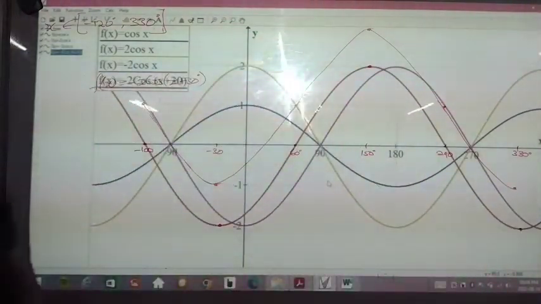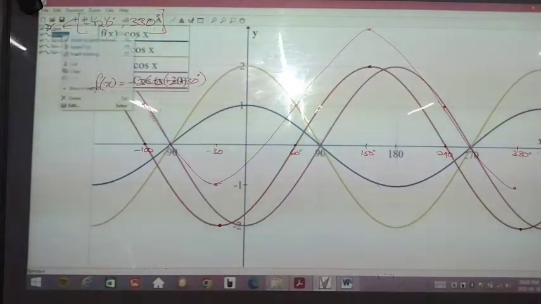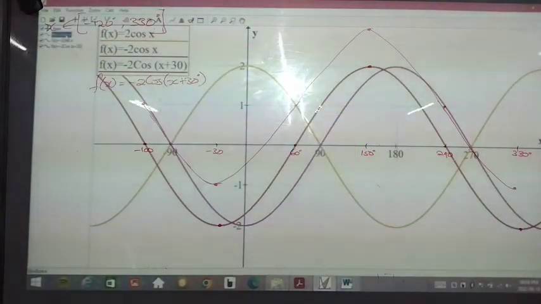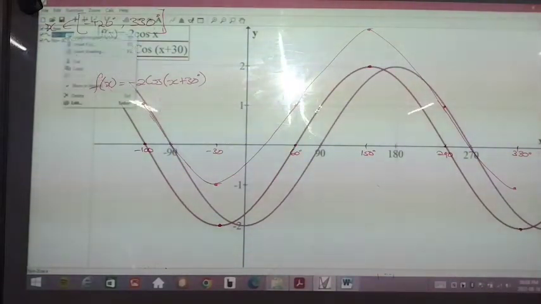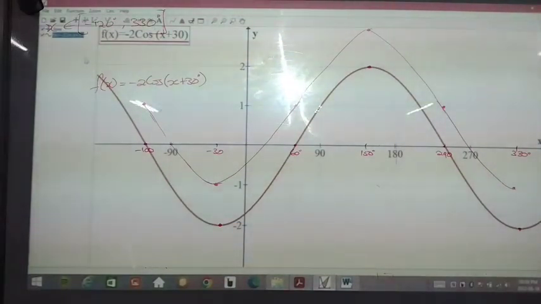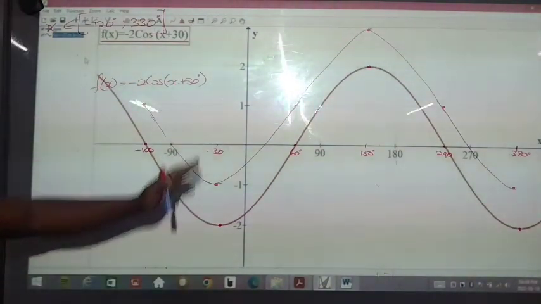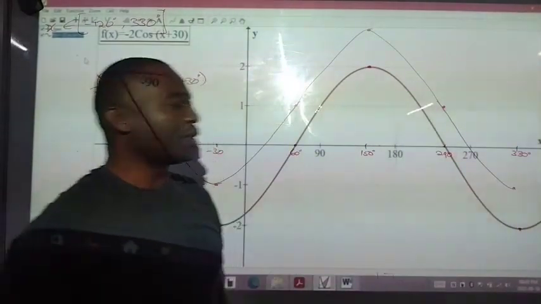All right, so I will remove some of the graphs so that we can see well. I will remove the basic graph, the second graph that we did, the third graph that we did. So we remain with these two graphs. So we can see that now every point is being moved 1 unit up.